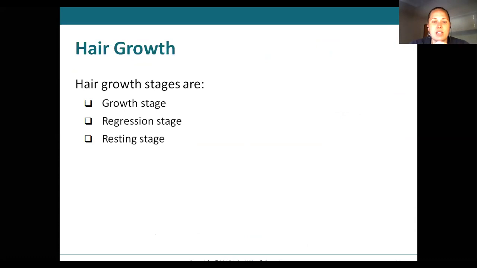Your regression stage is when the hair starts to no longer go through the actively dividing stage, and then the resting stage is where your hair is no longer dividing. It is in the process of, in some cases, actually leaving the shaft, and on average, I think the average human is losing anywhere between 70 to 100 hairs a day.